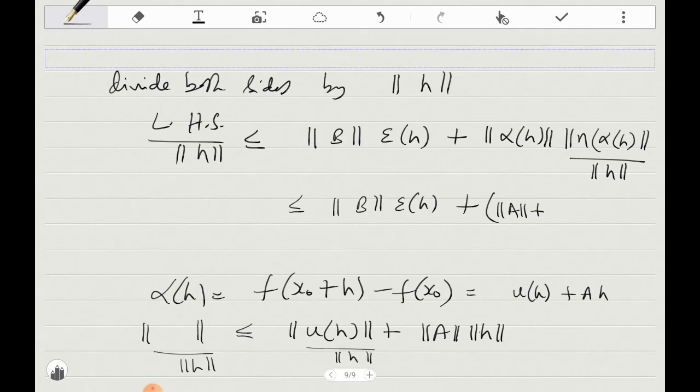So actually I'm using norm H on this part, epsilon H, and then eta of alpha of H.